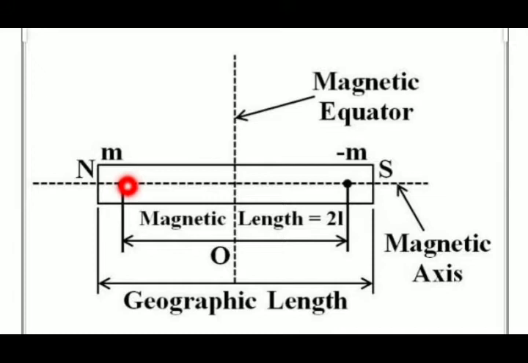Fine. Now you can see this dotted point. See these two points, this is called the magnetic length, and magnetic length is nothing but 2L. Why is it 2L?